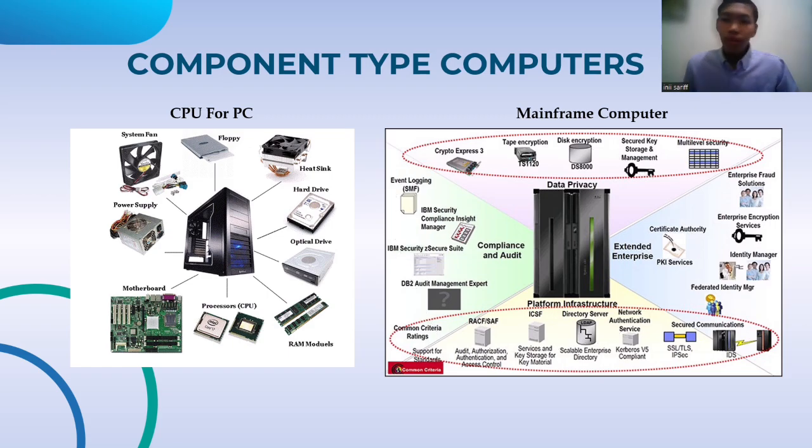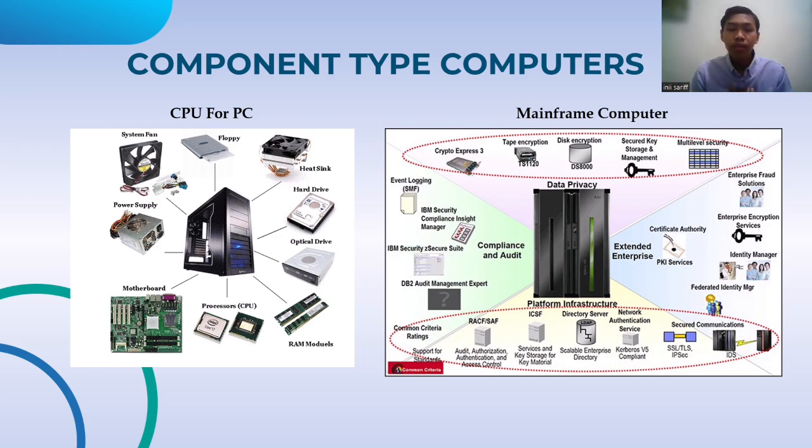And the conclusion, slide by slide: a computer has two types. The first is the personal computer and the second is the mainframe computer. A mainframe computer is for large data, and a personal computer is for daily use.